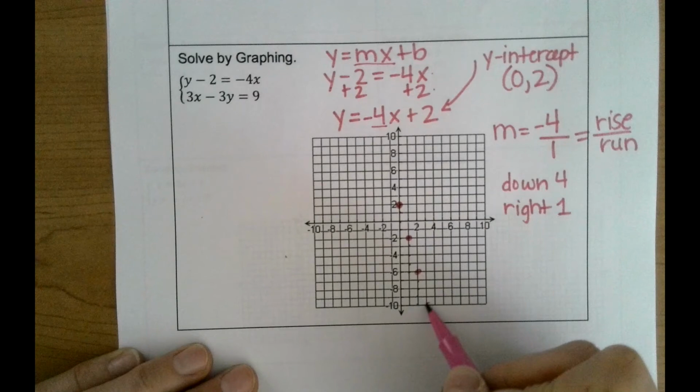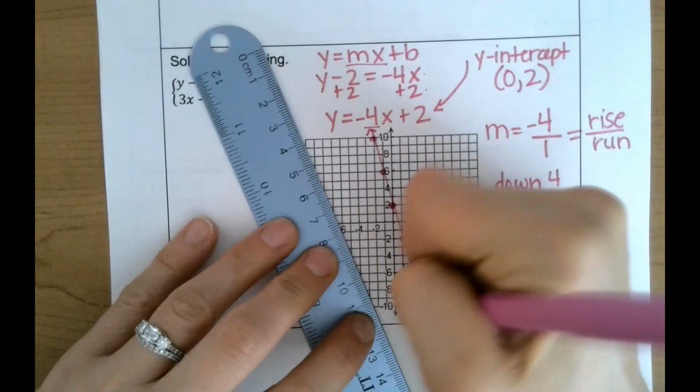Then I want to go the opposite direction from my point, 1, 2, 3, 4 up, and then 1 left. Always use a ruler to connect your points. Make sure that all of your points line up. All right, now we have one line.